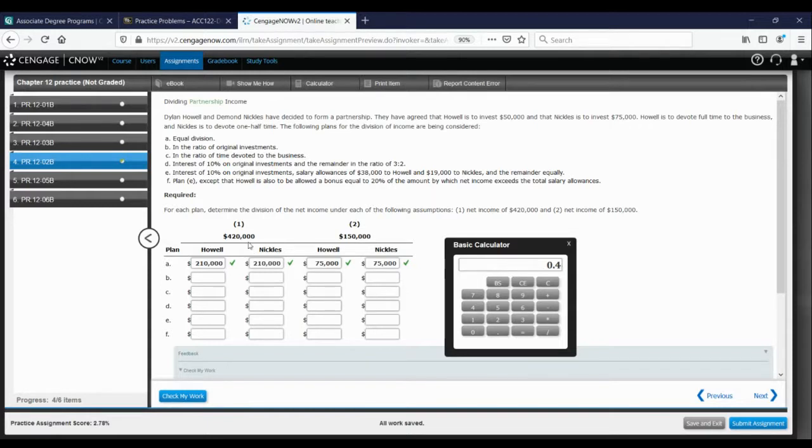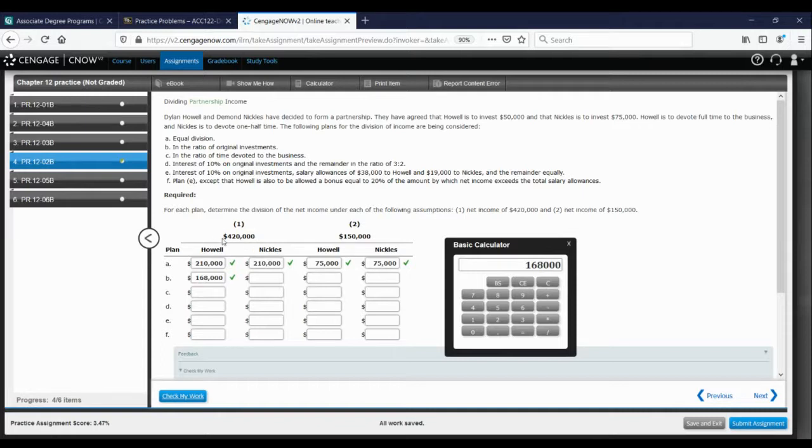So in the ratio of original investments, Howell is going to get 40% of the net income. If the net income is $420,000, we would multiply 40% times 420,000, and that will give you 168,000 as his share of the 420,000.